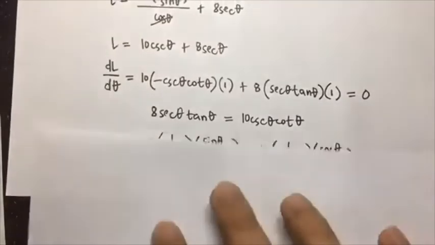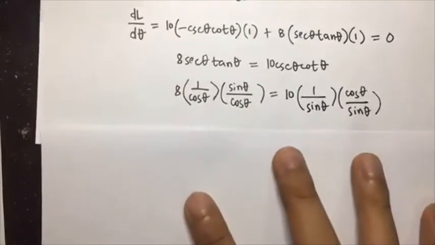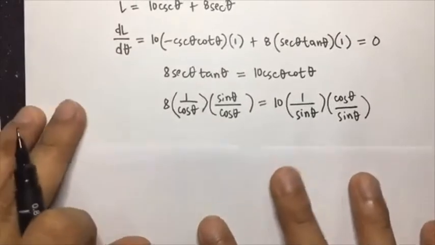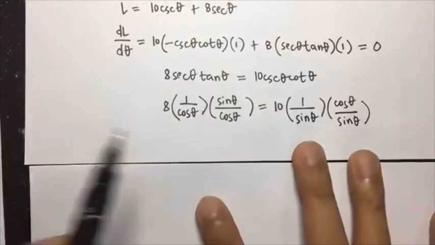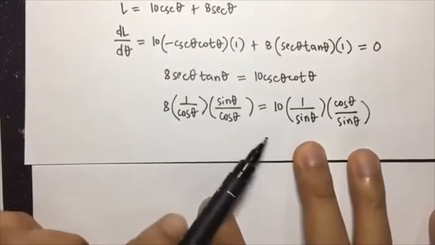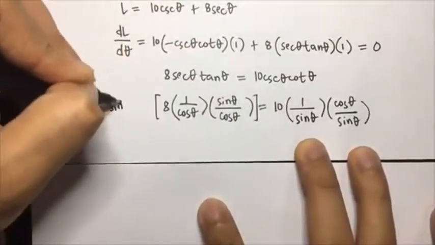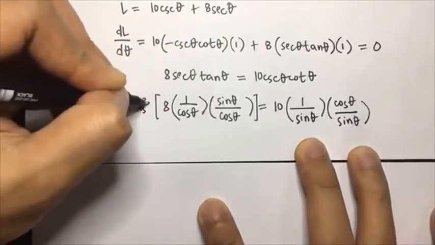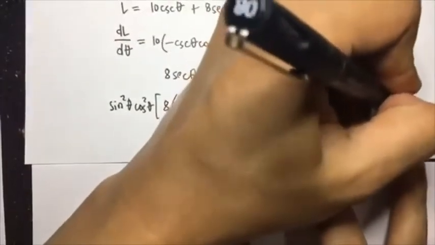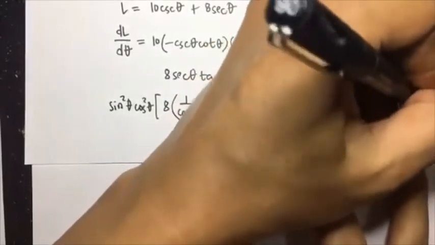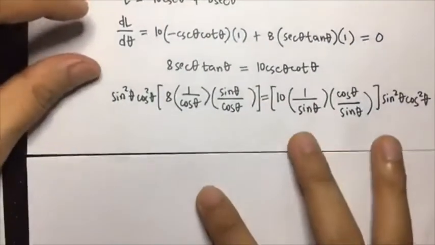Okay, so as you can see, to eliminate the denominators, we can multiply both sides of the equation by sine squared theta cosine squared theta. On the other side, multiply it also by sine squared theta and cosine squared theta.